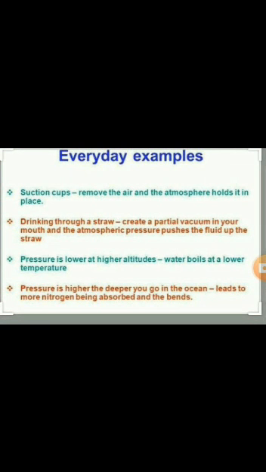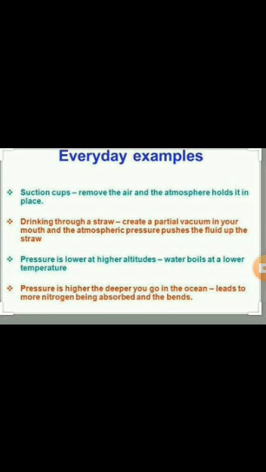Suction cups remove the air, and the atmosphere holds them in place. Second, drinking through a straw: we create a partial vacuum in our mouth, and atmospheric pressure pushes the fluid up the straw. Next, pressure is lower at a higher altitude, so water boils at a lower temperature.